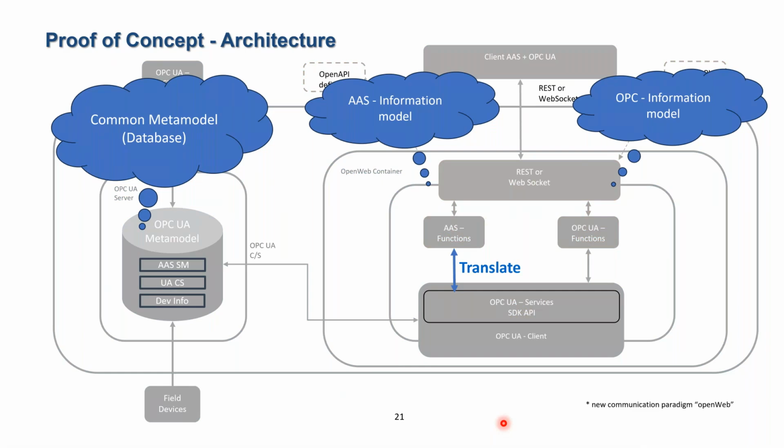So with this in mind, our proof of concept had three major topics we had to work on. First was the common meta model, so that we have a database in which AAS and OPC UA information can be stored. The second big topic was the handling of AAS requests, and here also the translations of AAS requests and the results to the right format.